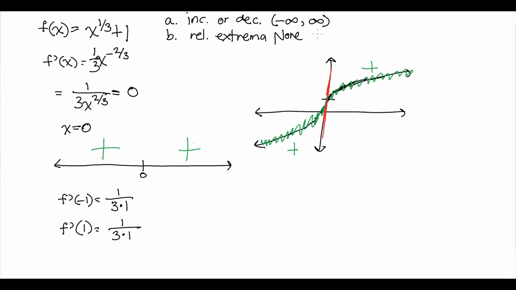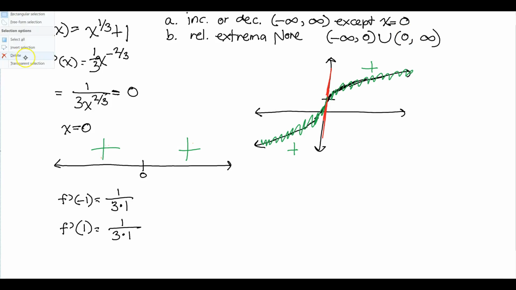Well, except at x equals 0, because the derivative is undefined there. But to the left of 0 and to the right of 0, so more accurately it would be negative infinity to 0 and 0 to infinity. Okay, let's do one more, just to get the hang of this.